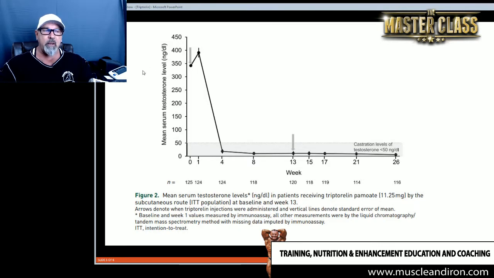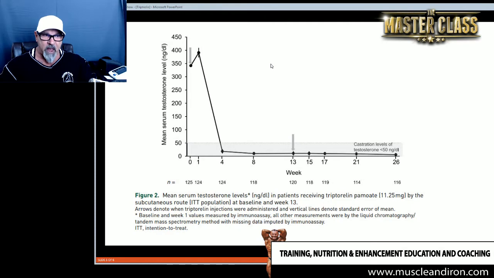And you'll note in this particular product, this version of triptorelin they're using, that these are the points of administration, where these gray arrows are, rather. So in other words, a single subcutaneous administration of this drug produced chemical castration. It's not like you use it every day and eventually you find this thing. One shot.